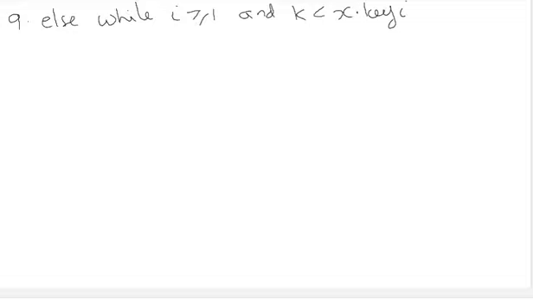If it is an internal node, then why do we traverse like this? While i greater than or equal to 1 and k less than x.key_i, we need to find out the child of this node, the exact child, where we can insert this value k. Clear?